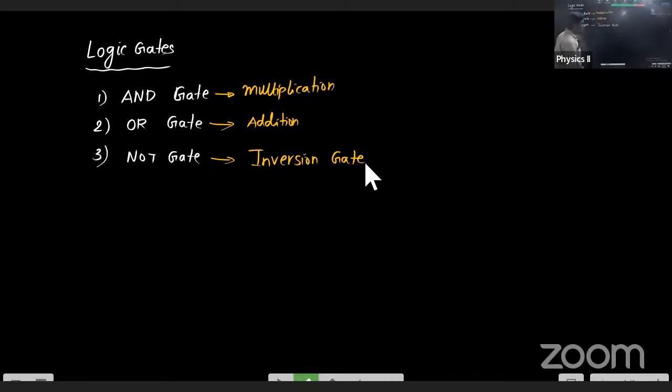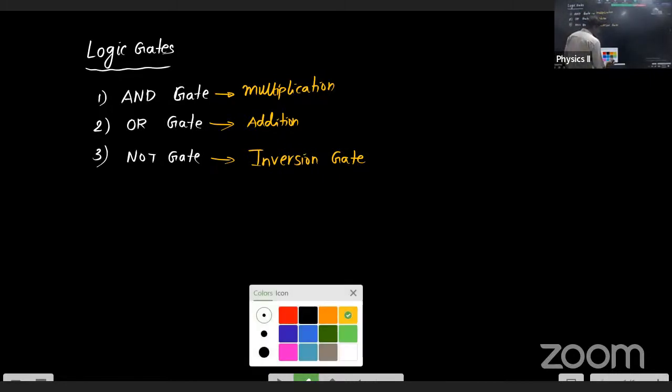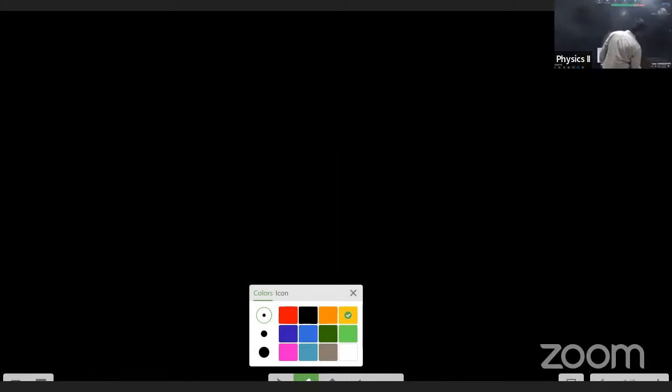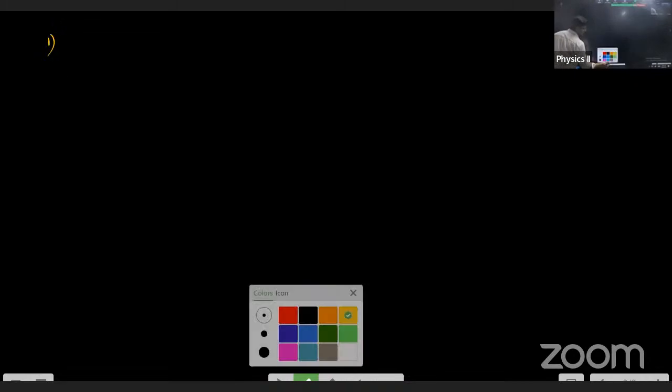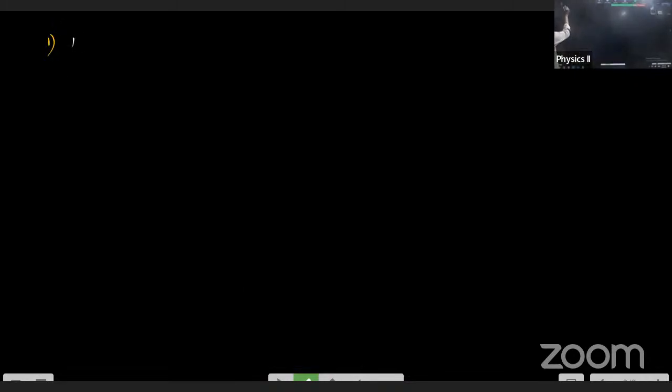In case of logic gates, further we have two universal gates. Now everyone listen carefully. This is going to be your question in your examination. The first one is called the NAND gate. This is the question you may expect in your examination. How do we form a NAND gate?